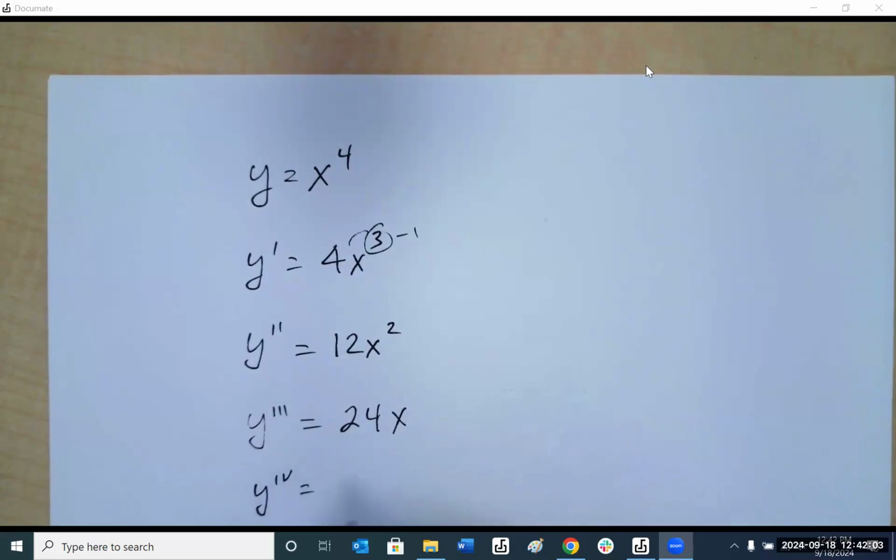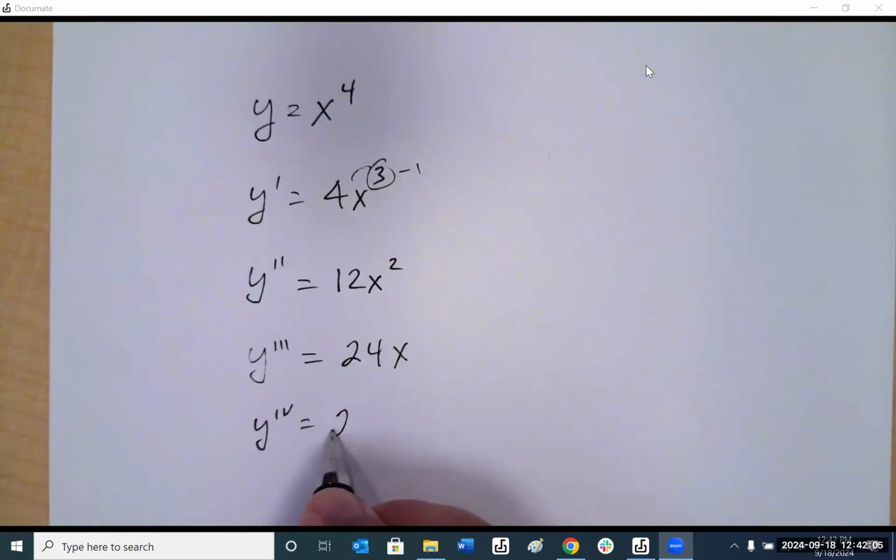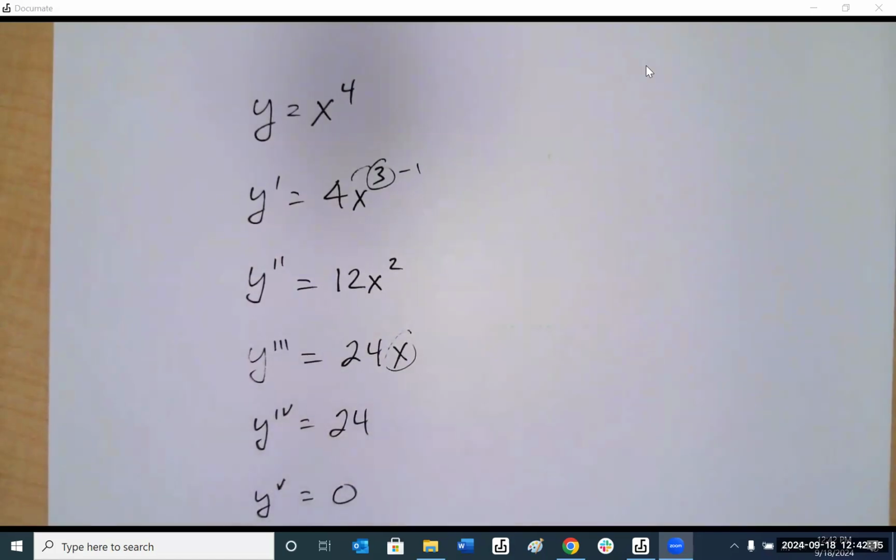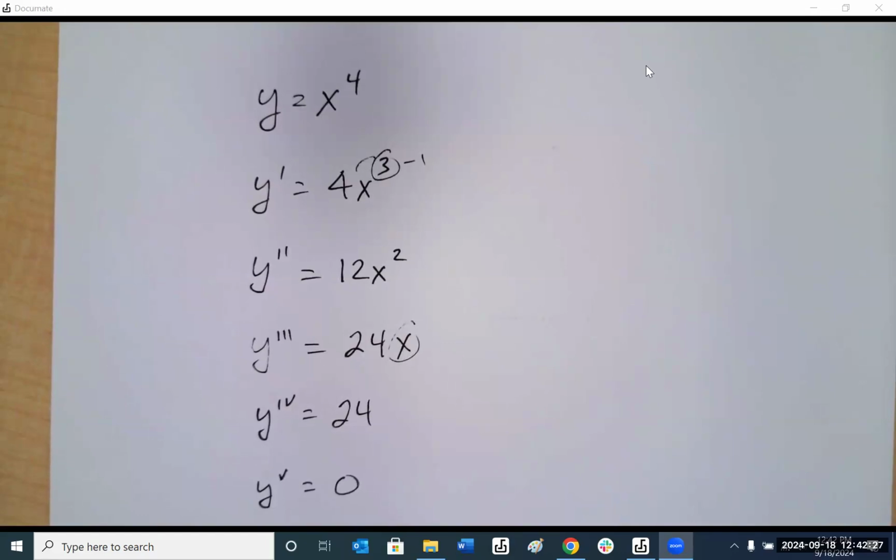The fourth derivative. 24. Yeah, because x disappears. And the fifth derivative? 0. The derivative of 0 doesn't exist. So the fifth derivative is as far as we can go.